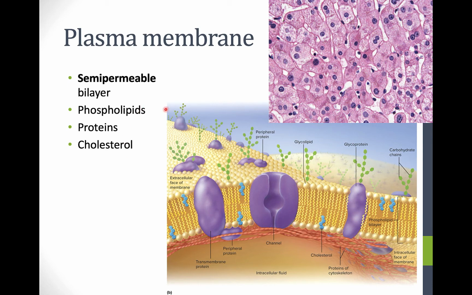Some other things that you can see on a cell membrane, we have these purple proteins. This protein goes from one side all the way through to the other side. It's called a transmembrane protein. It's going to have a region that likes water, a region that doesn't like water, and then a region that likes water. Sometimes we have peripheral proteins that are either on just the inside or just the outside.